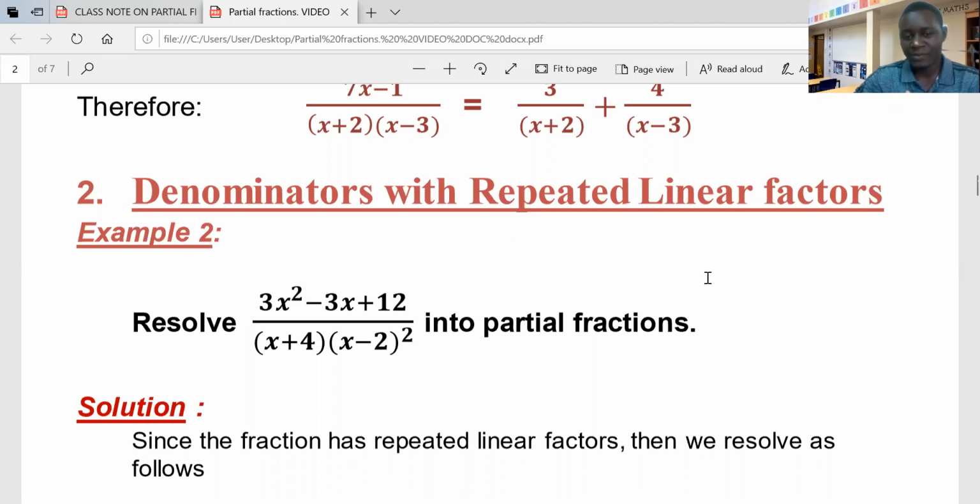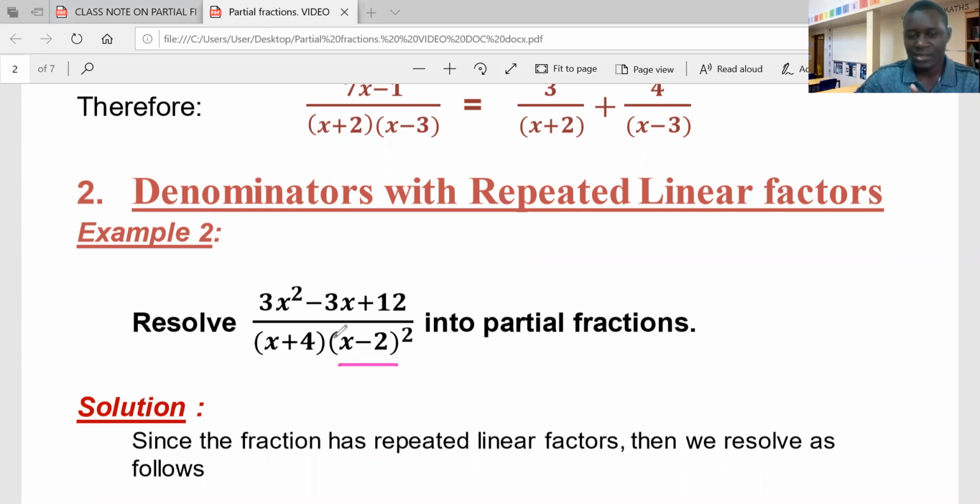We have x minus 2 as a linear factor that is repeated, and the right method we said for decomposing such a fraction is to have not just a constant on top of this part, but a constant with the factors repeating in increasing power of the repeating denominator.